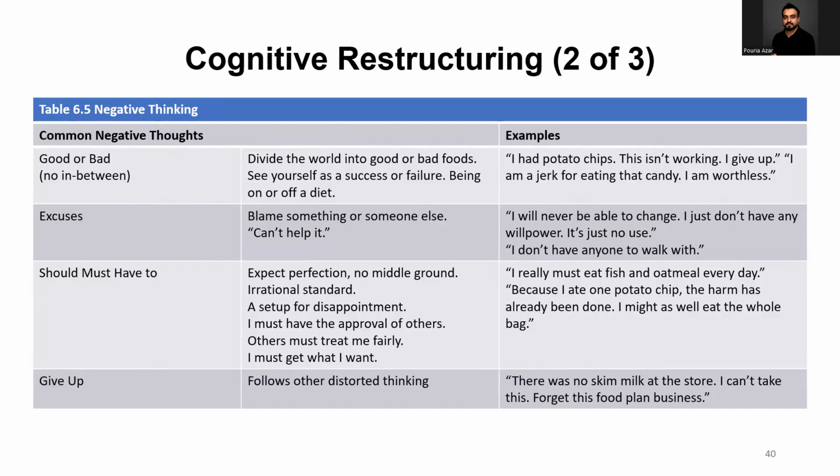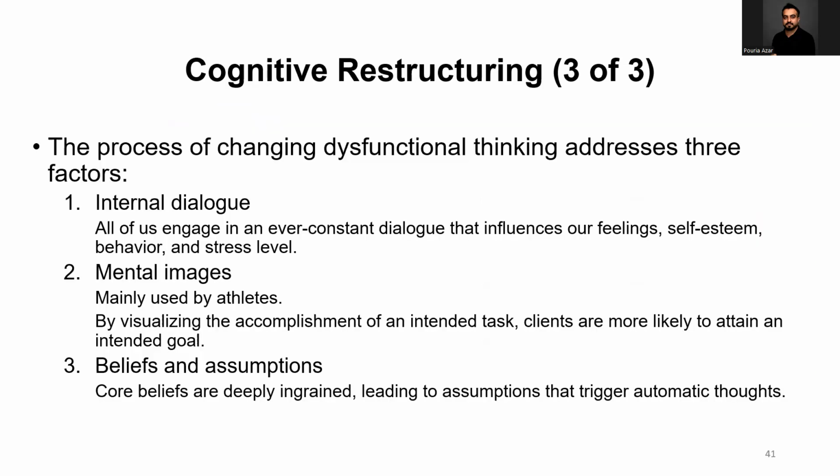These are all negative thoughts, all obstacle thinking patterns. Cognitive restructuring is the process of changing dysfunctional thinking patterns by addressing three factors: internal dialogue, mental images, and beliefs and assumptions.